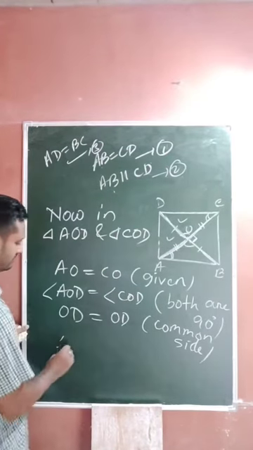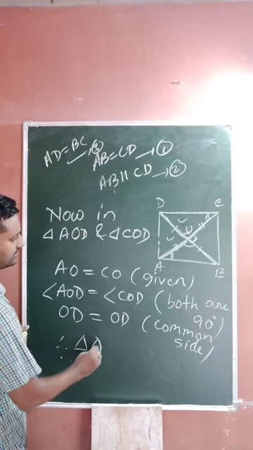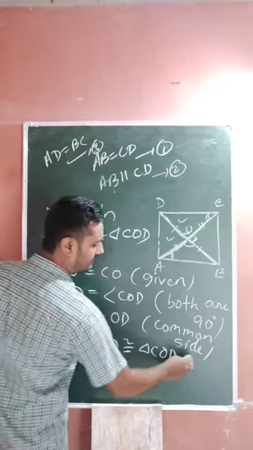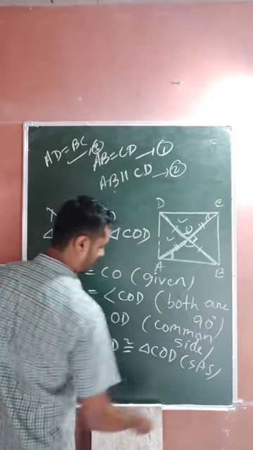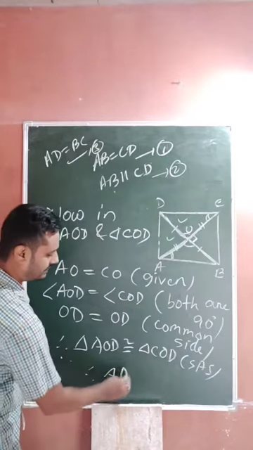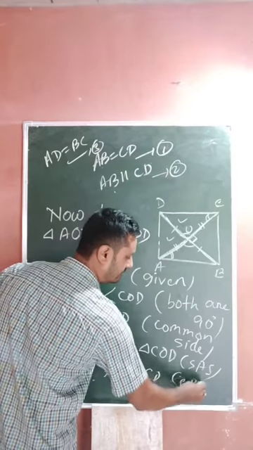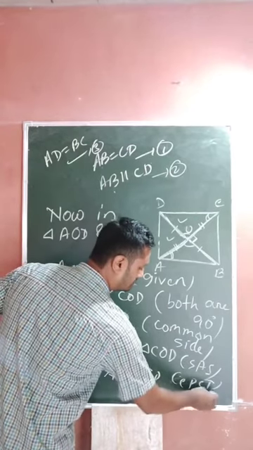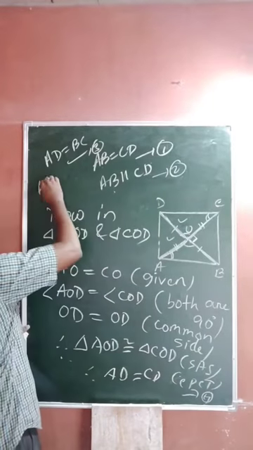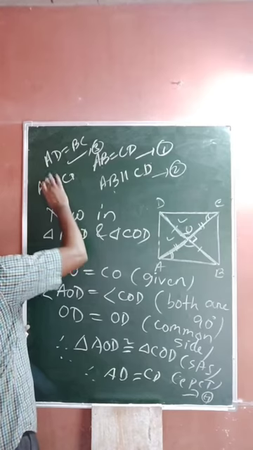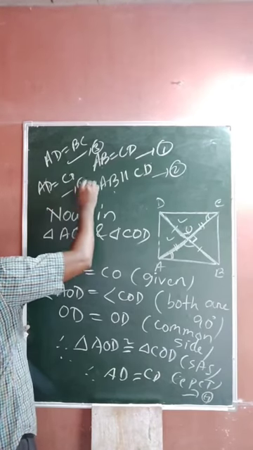Therefore triangle AOD is congruent to triangle COD, SAS. So therefore AD is equal to CD, CPCT, and you just give number 4.